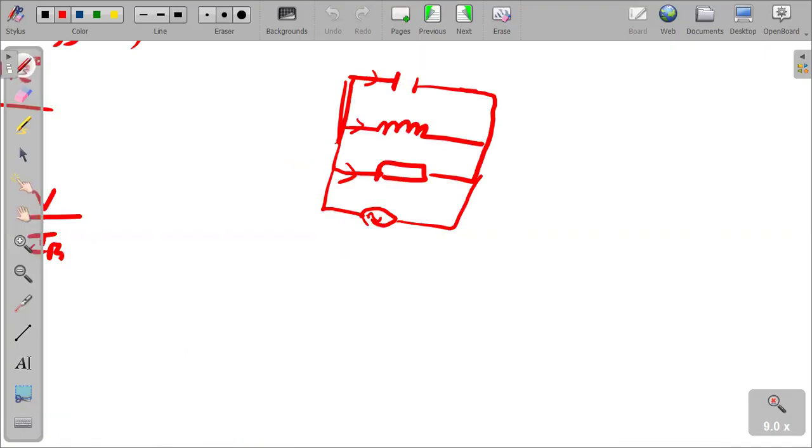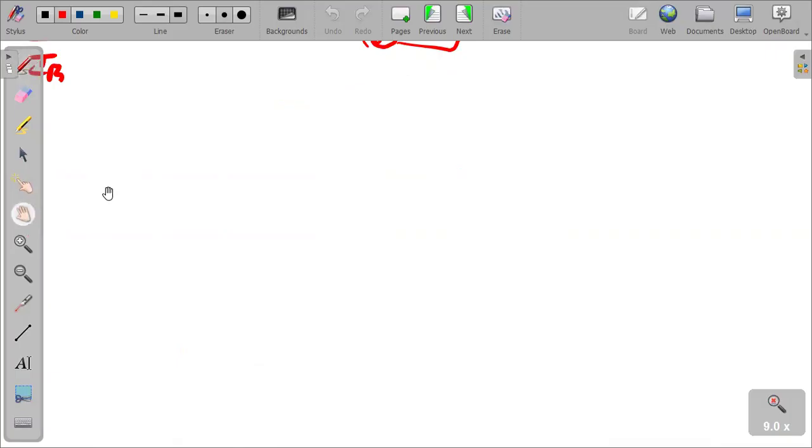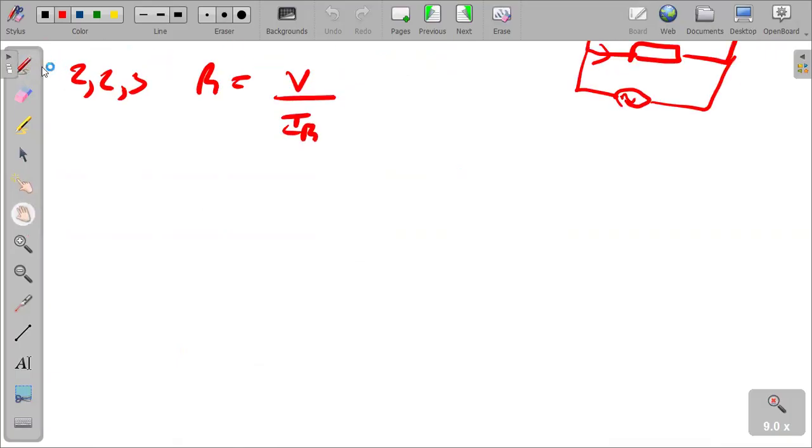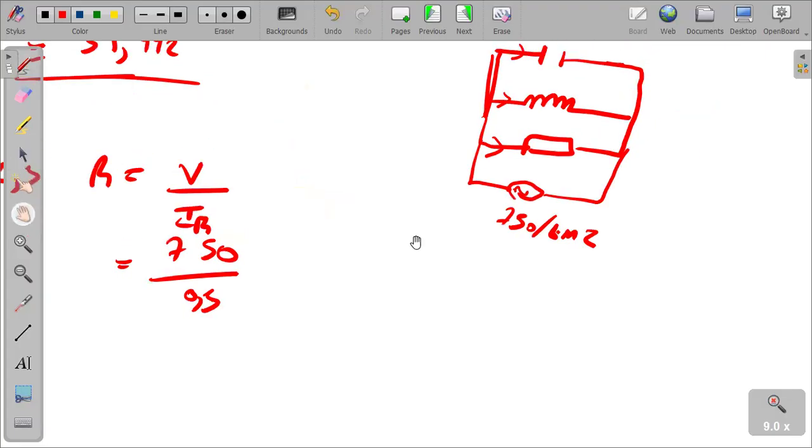So we now want to calculate R. R is equal to V over IR. So with the V that we have, that's 750 apparently, divided by IR, which is 0.5. Why? Because all these components share the same voltage, because they are all in parallel.